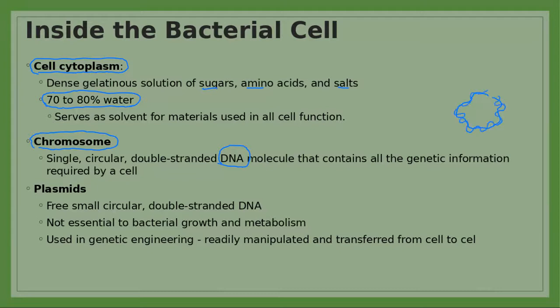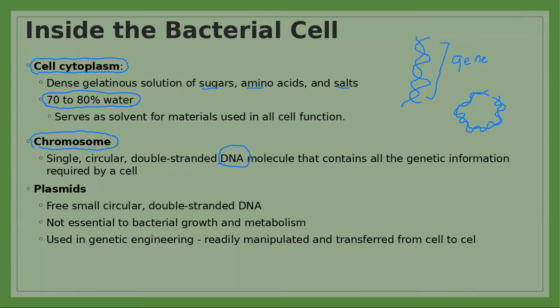Yes, remember DNA looks like this. It has double stranded nucleotides. So this is called the double helix or double stranded DNA. This is the one that carries the genes or genetic material. So bacteria has this chromosome with DNA.